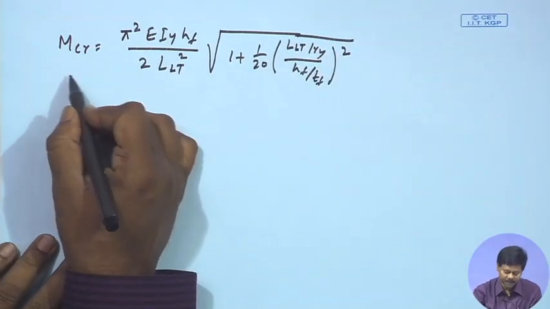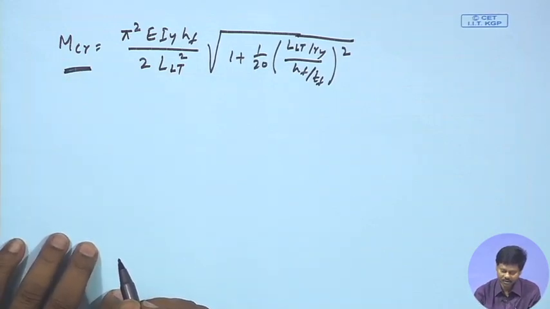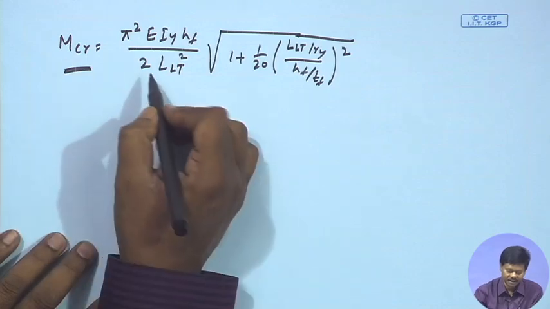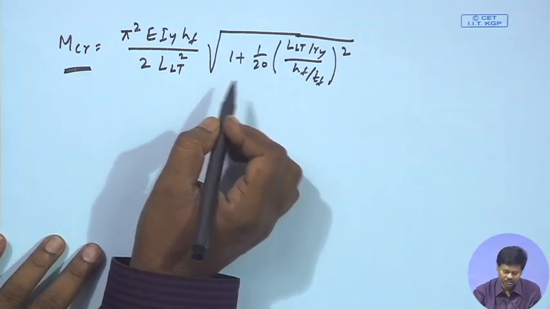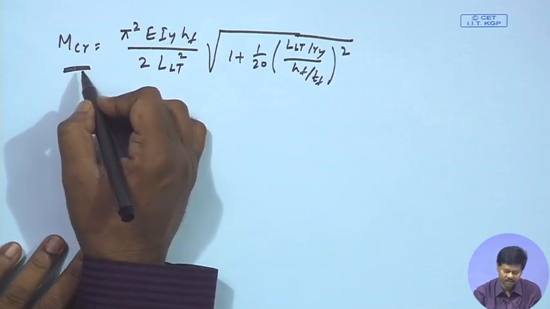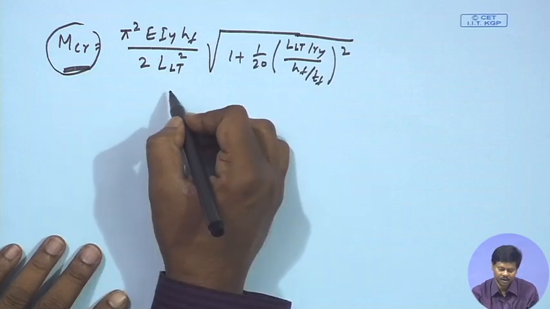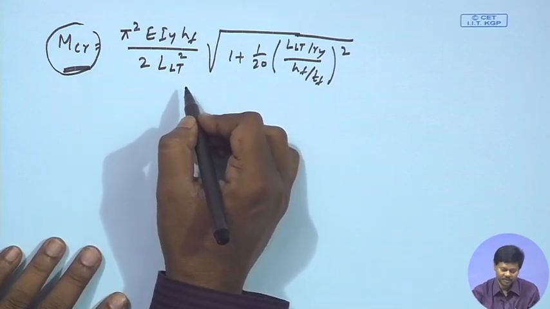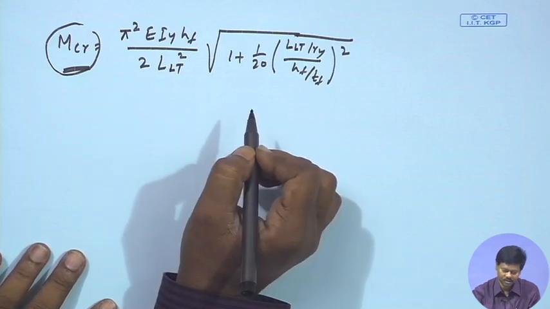This is the simplified equation which may be used in case of prismatic members made of standard rolled I section and welded doubly symmetric I section. So, to calculate the elastic lateral buckling moment MCR, we can use this simplified formula in case of prismatic members made of standard rolled I sections and welded sections.